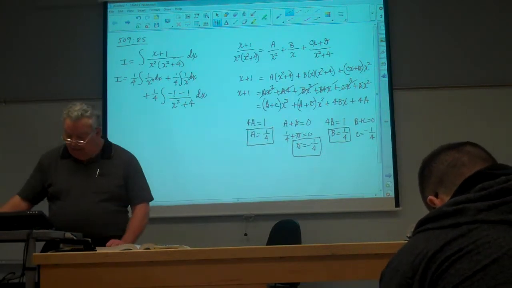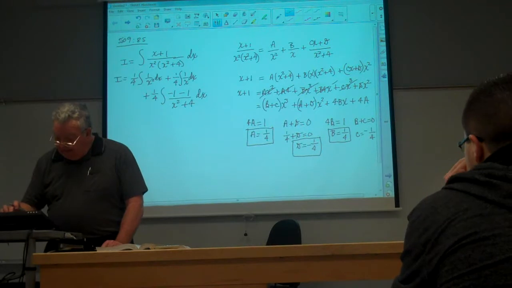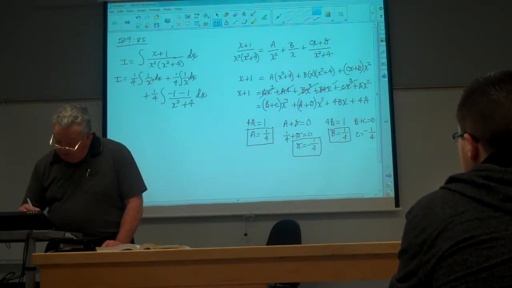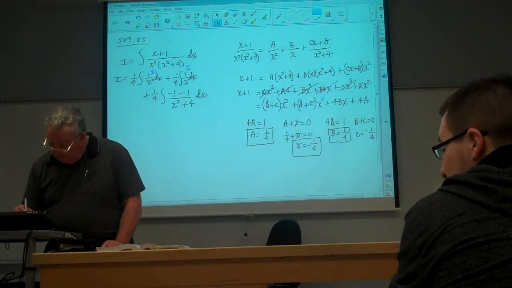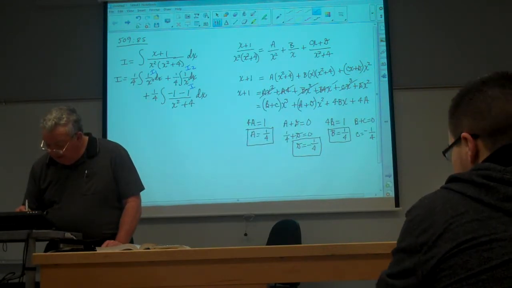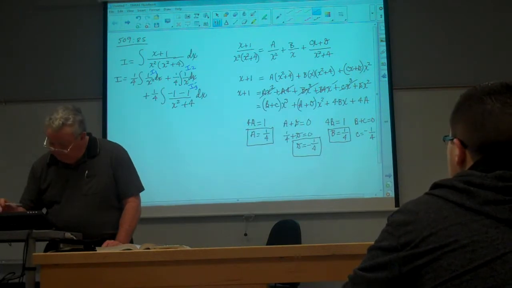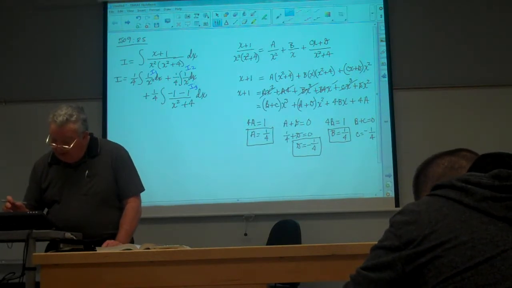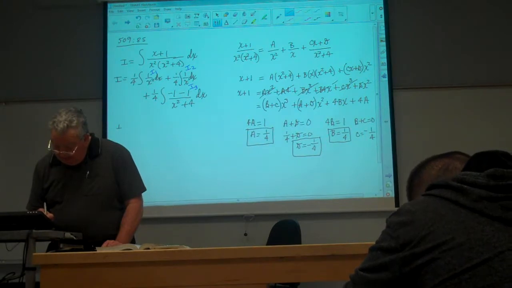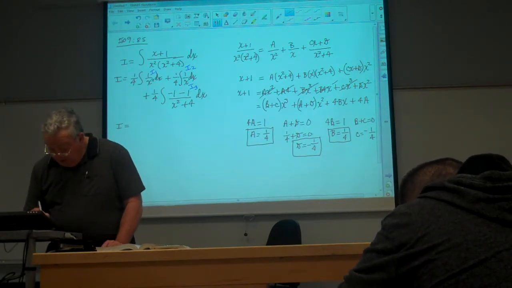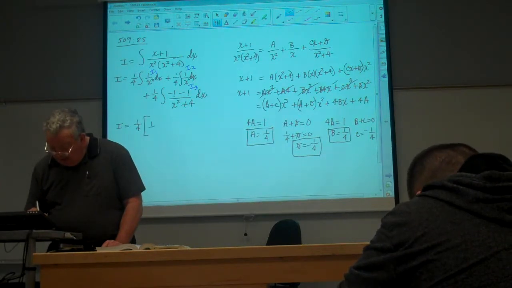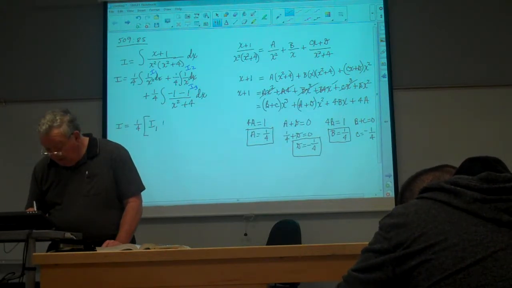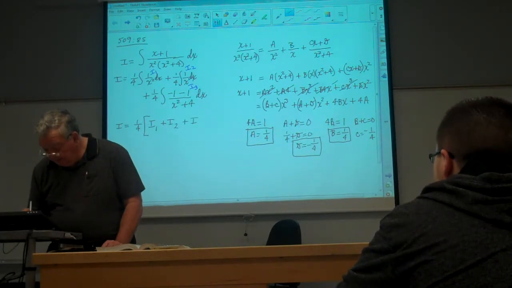So now I just begin to integrate. I'm going to call this I1, this I2, and this I3. And I'm going to say that I is equal to 1/4 times I1 plus I2 plus I3.